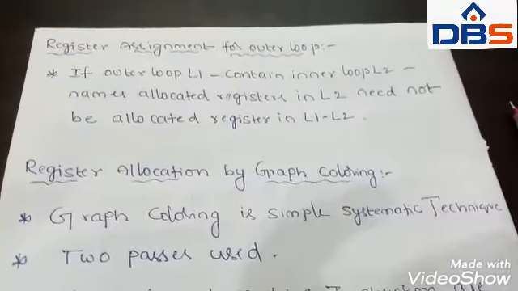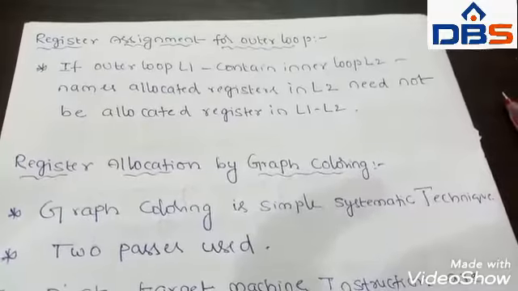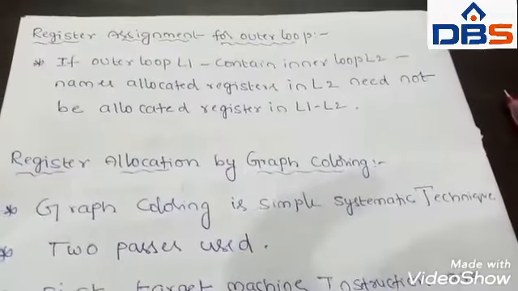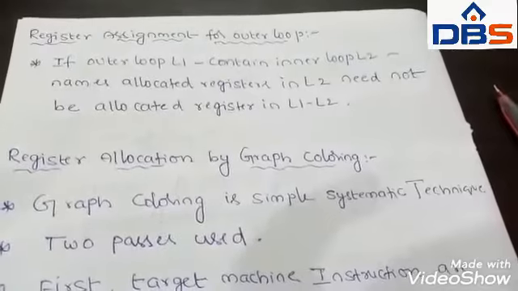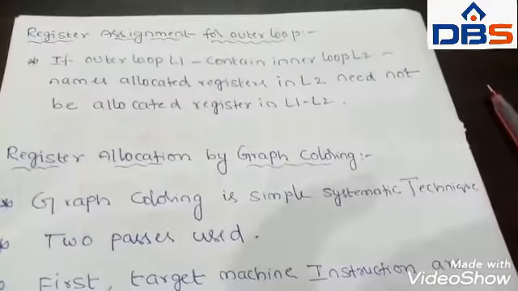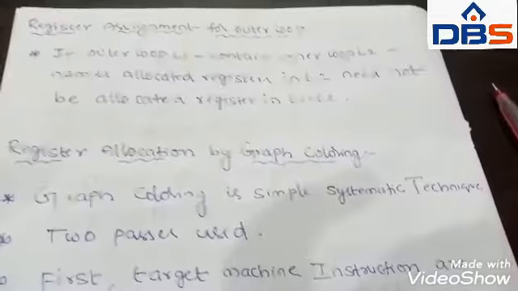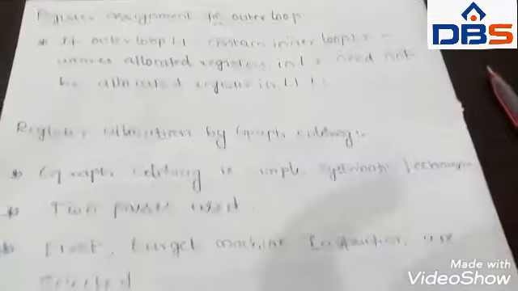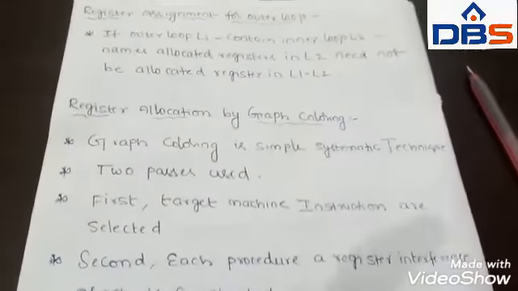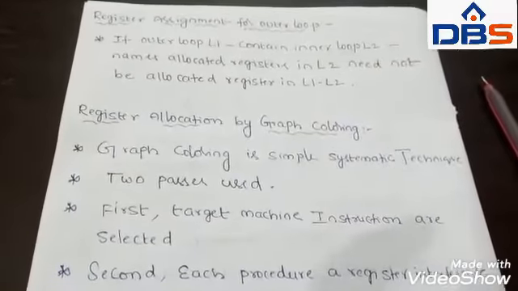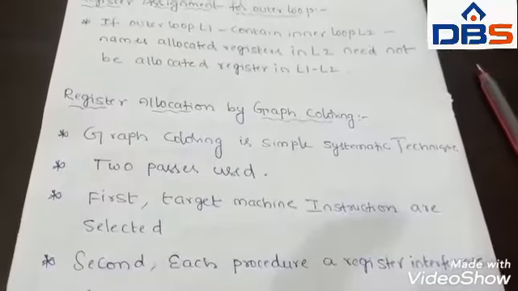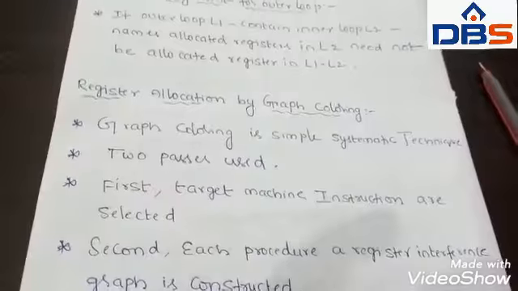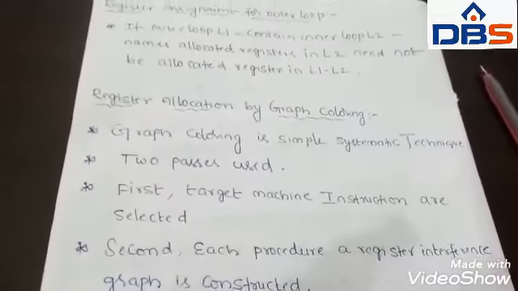However, if name X is allocated a register in loop L1 but not in L2, we must store X on entrance to L2 and load X if we leave L2 and enter a block of L1 minus L2. Similarly, if we choose to allocate X a register in L2 but not in L1, we must load X on entrance to L2 and store X on exit from L2.